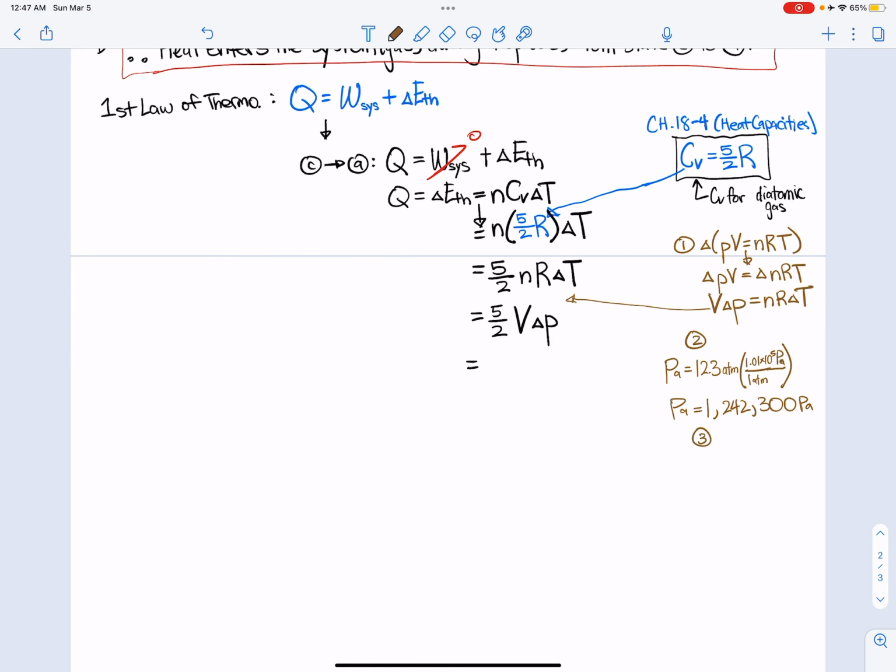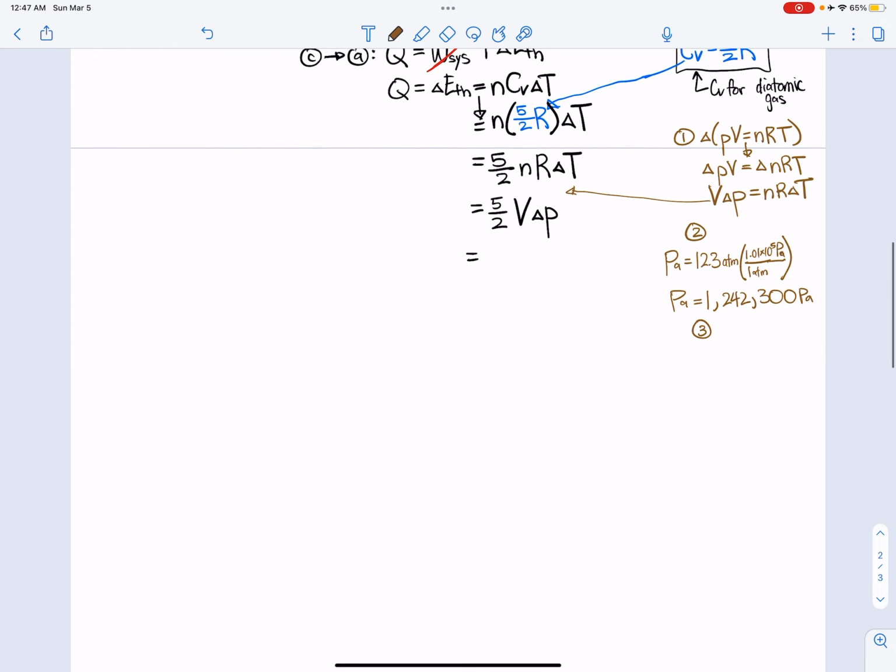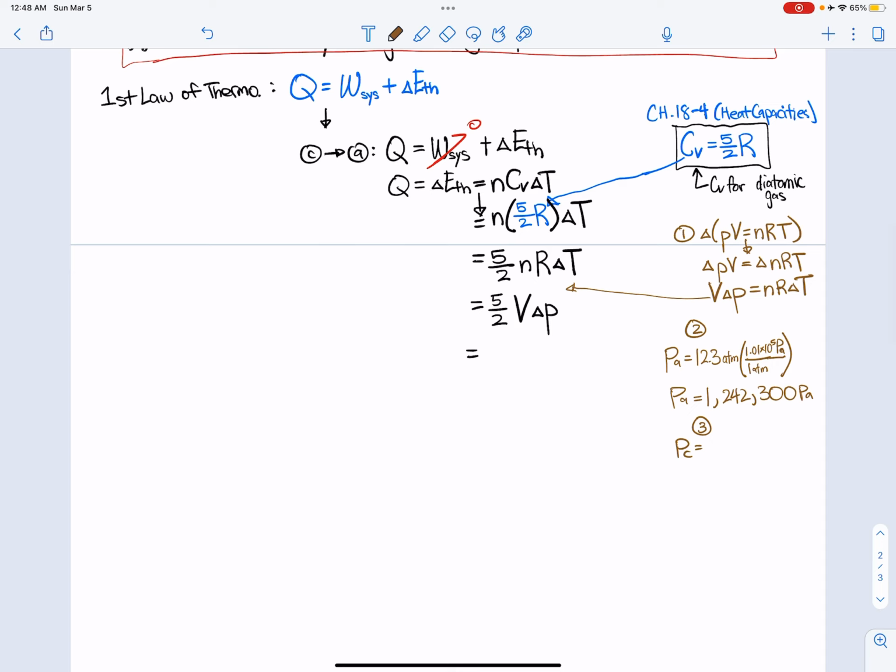Side mission number 3, I'm going to do the same for pressure at state C. According to the PV diagram, that was 1.5 atm, and then the conversion factor, 1 atm is equal to 1.01 times 10 to the 5th pascals.